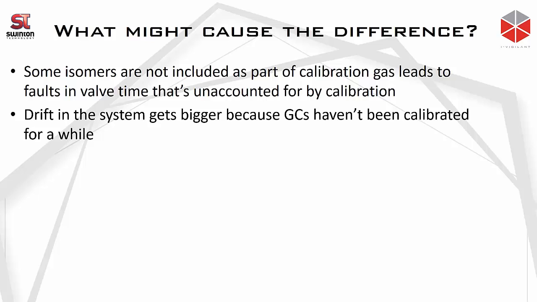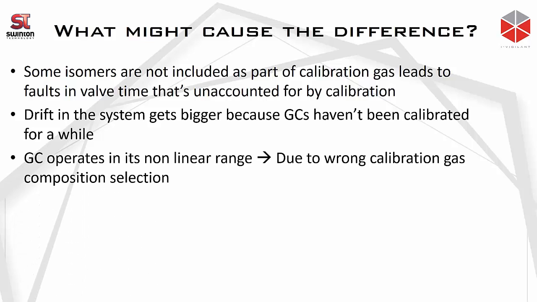We basically introduce an even bigger error to the system because we calibrate it with a faulty calibration gas. So whenever we have a failed validation result, the first step is not to calibrate the GC because the validation failed. The first step is to identify why the validation actually failed in the first place.